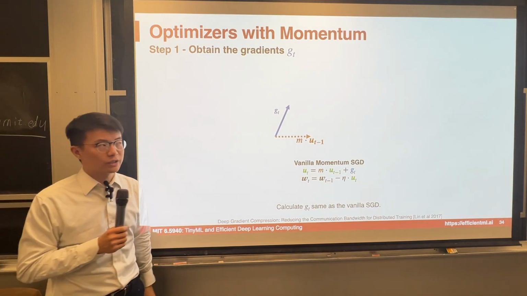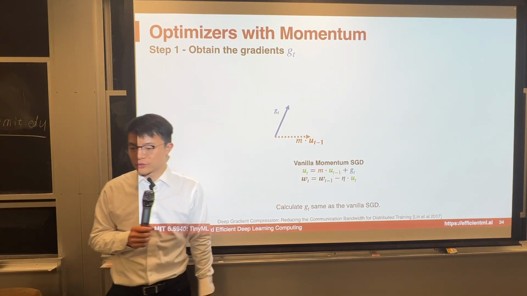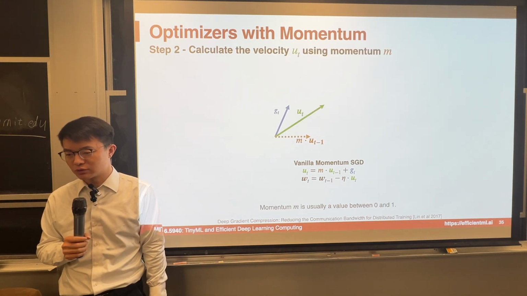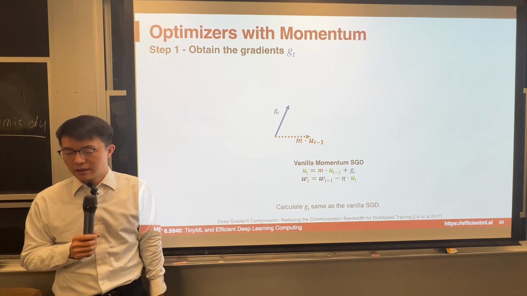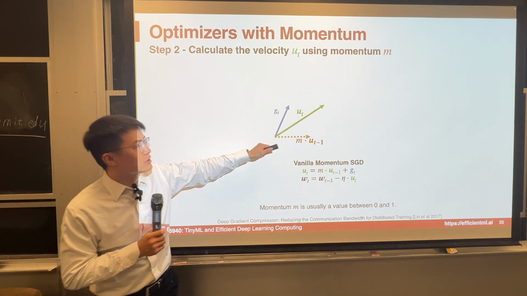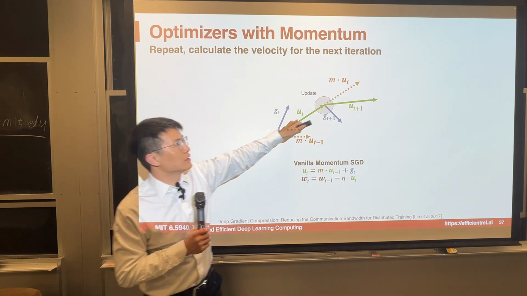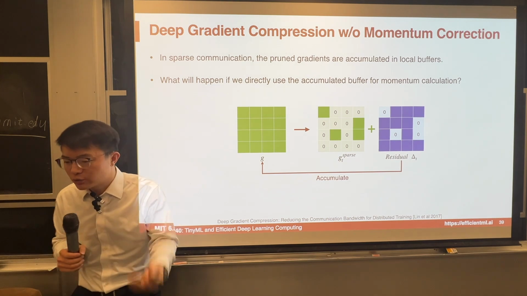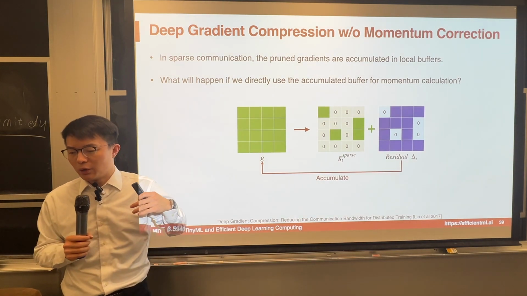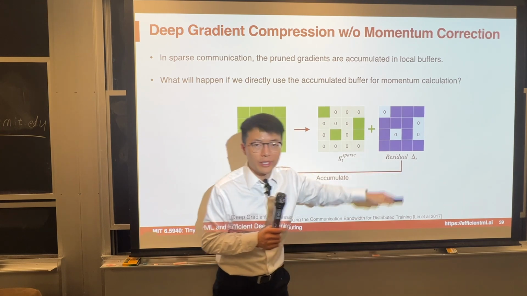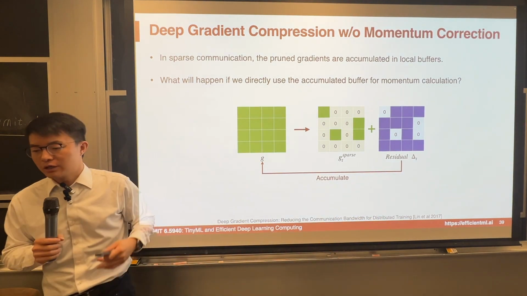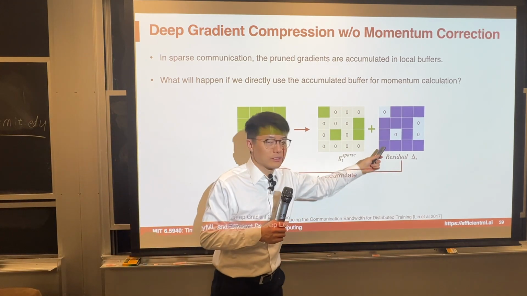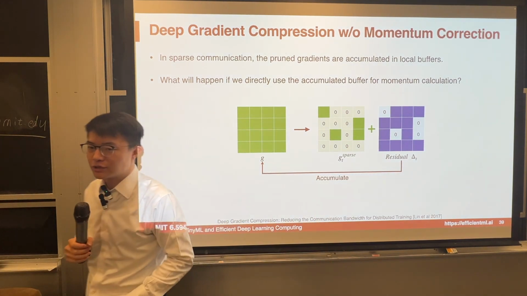So let's see what is going to go wrong if we use optimization without momentum correction, but doing gradient compression. Let's review it first. This is momentum. We do the update. Another gradient. We do the update. If we are doing the pruning, we were previously talking about accumulating the gradient, to give it a chance, so that when the accumulated gradient is larger than the threshold, it's going to be sent out.